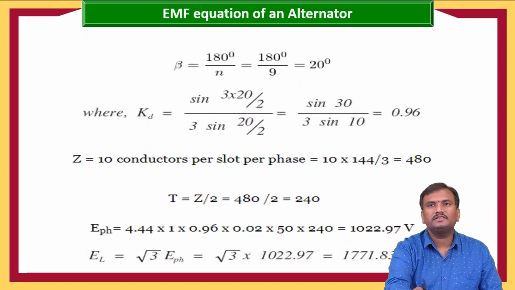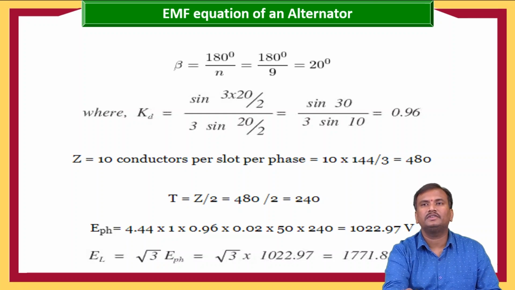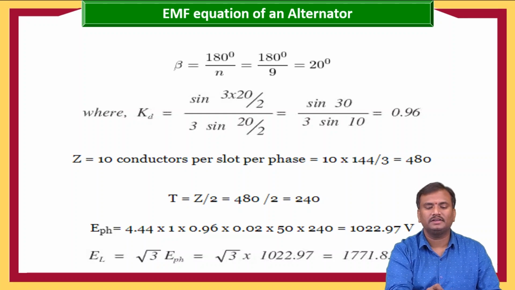And here beta is equal to 180 degrees by n, that is 180 by 9, which is 20 degrees. Where Kd is equal to sin 3 into 20 by 2 by 3 sin 20 by 2, which is equal to sin 30 by 3 sin 10, which is equal to 0.96.